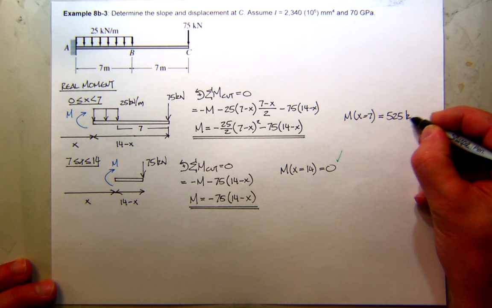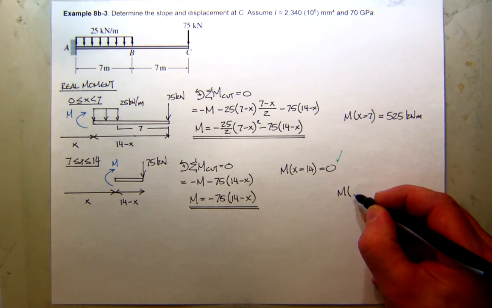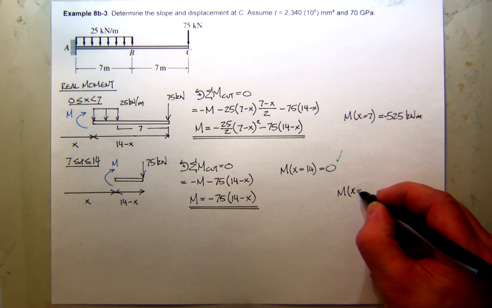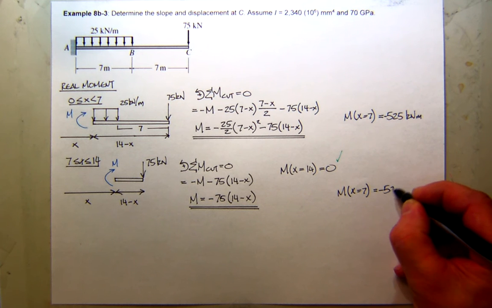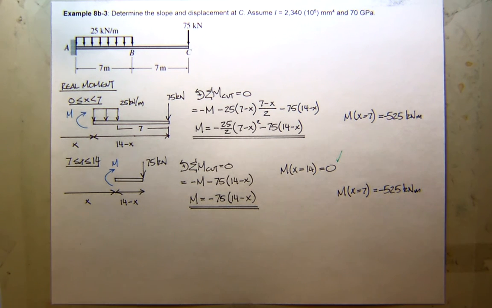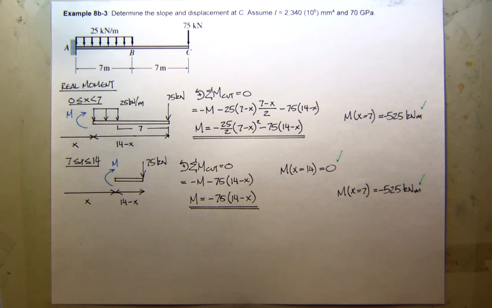And that should be kilonewton meters. And then what is the moment here? I think it's negative. Oh, it is negative. Thank you. And what is the moment here at x equals 7? Negative 525. Whoa! Yes, I like that. So I would give that a double green check. I'm pretty confident that my moment expressions are good.